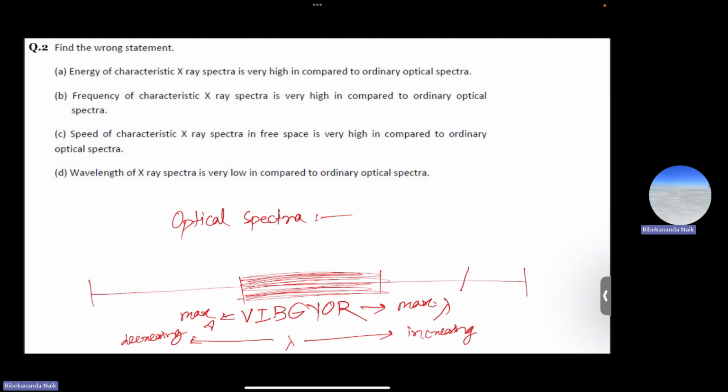The spectral lines at larger values of lambda are called infrared, and at smaller values of lambda are called UV. Then if you consider X-ray spectra, they similarly correspond to a wavelength region.